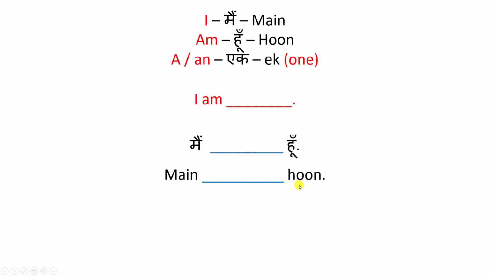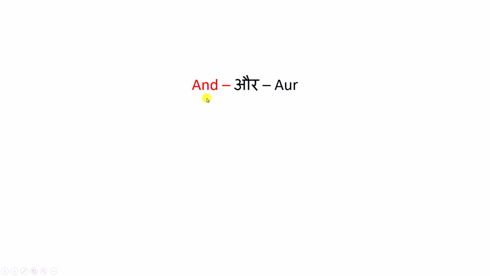Okay. Now let us learn one more word, which is "and". And in Hindi is और. Using "and", we can connect two sentences like this. I am Manjunath and I am a teacher.